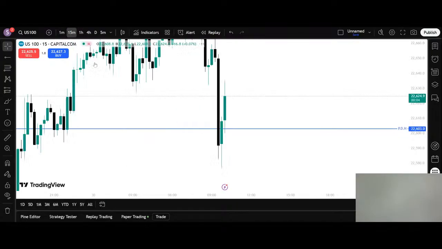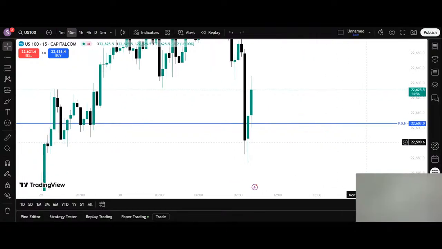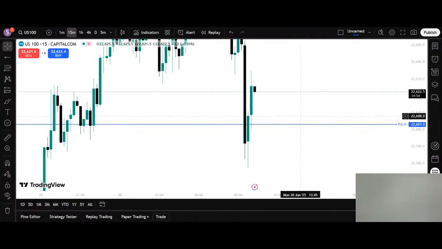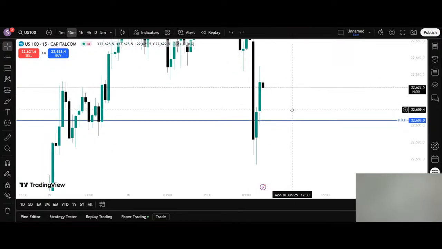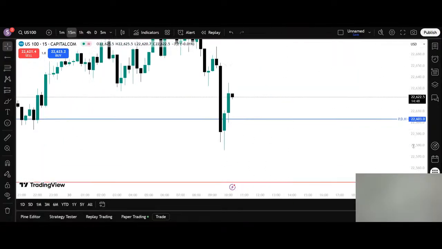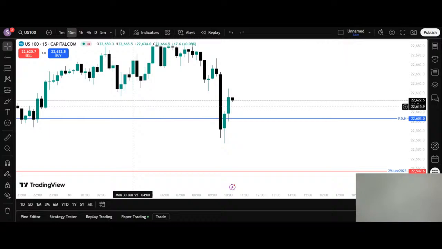Let's see the 15-minute candle. To be honest, it closed bullish, but not very bullish. Could still go down, kind of indecisive, plus bullish.